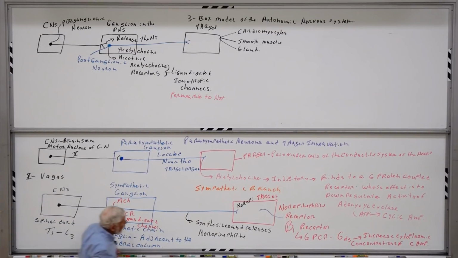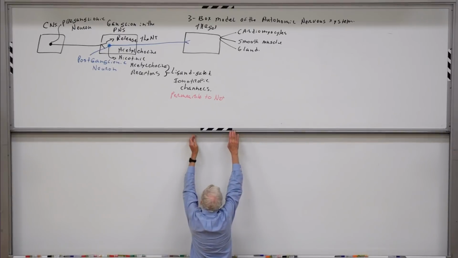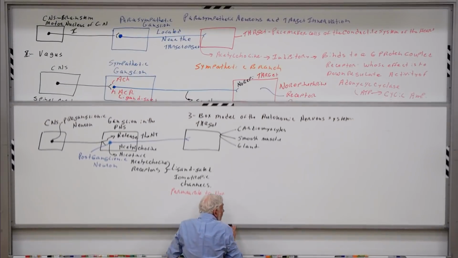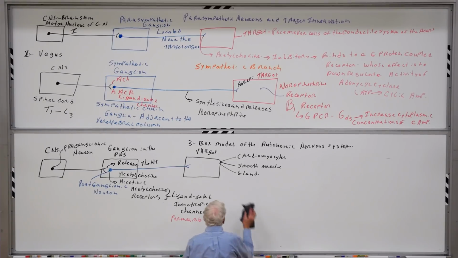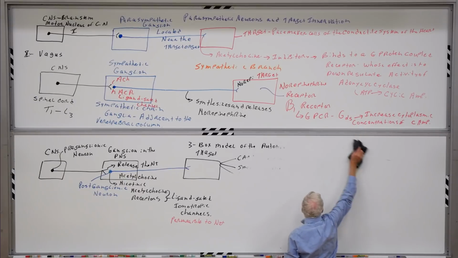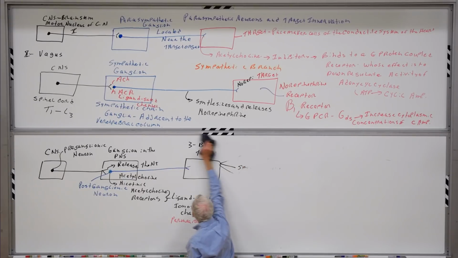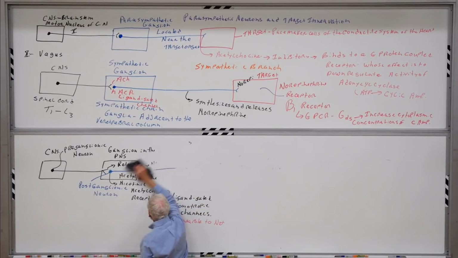So what I'm going to do in the upper panel is try to drill down, hold on to those two, and describe the anatomy of the system. And again, these will be pretty crude drawings, but what I want you to see is that from the boxes that we have above, there is in fact some real neuroanatomy.